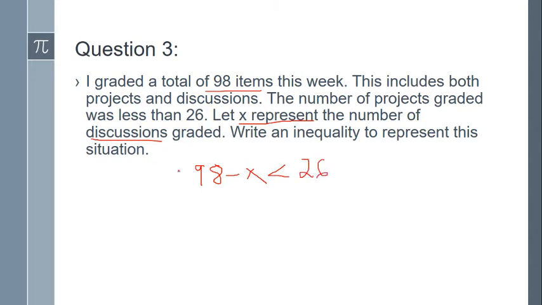Because we're writing an inequality that's representing the number of projects graded in terms of the number of discussions. So here's the 98 total items, and then I just take away the number of discussions, and that means that the number of items that I graded for projects was less than 26, because discussions and projects together total 98. So take the total, subtract away discussions, and that has to be less than the number of projects, which is 26.